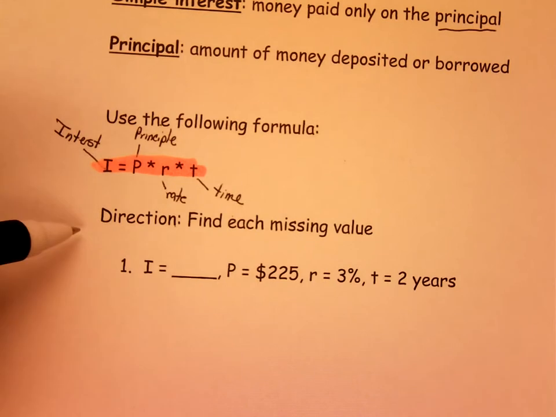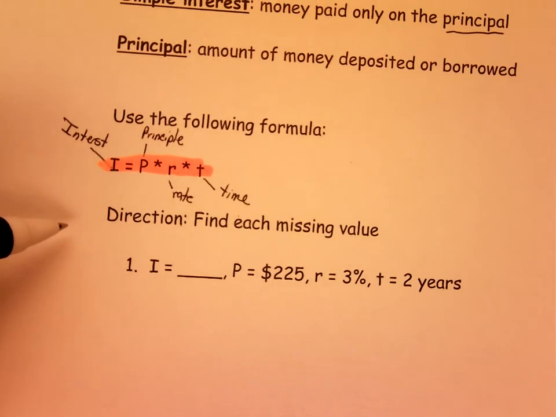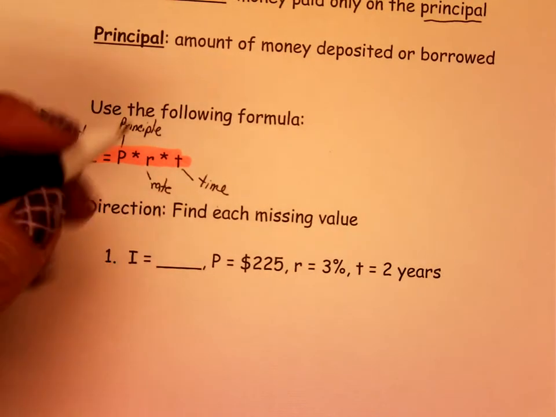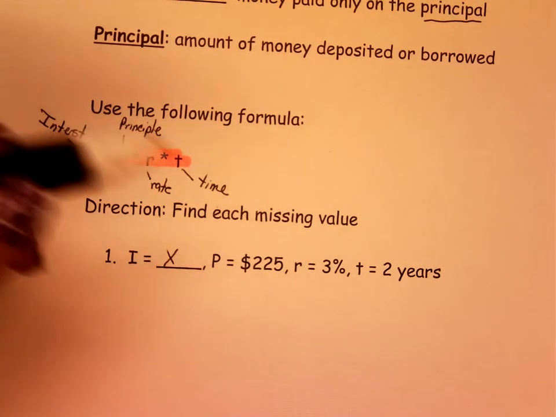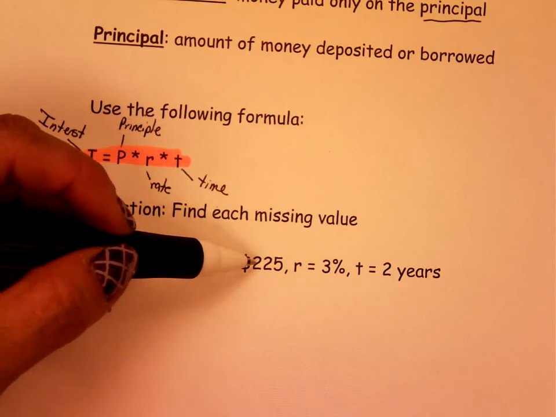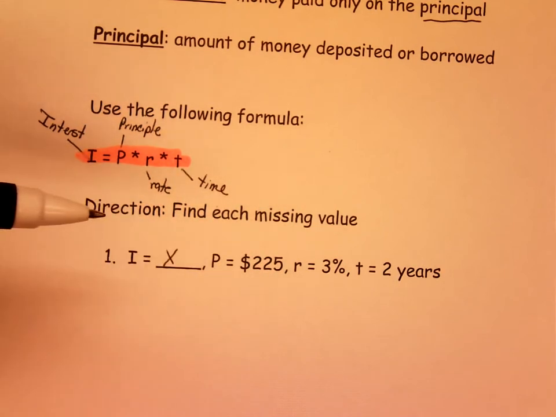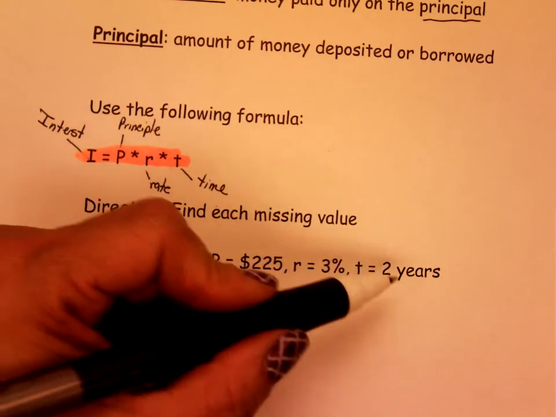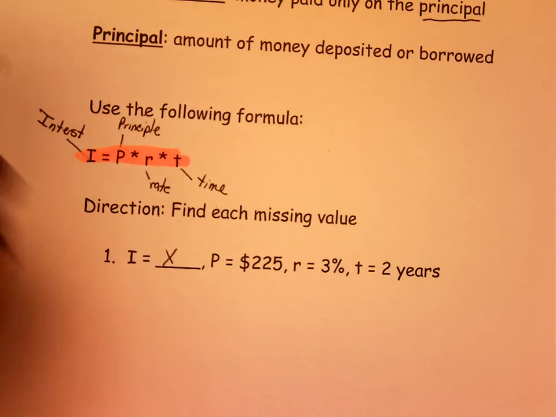So looking at the direction, it says find each missing value. So I is equal to, we don't know, this is your X. P, principal, is $225, so that means that you put in, let's say, $225 in the bank. The bank is going to give you 3% interest for 2 years. So here's your formula.